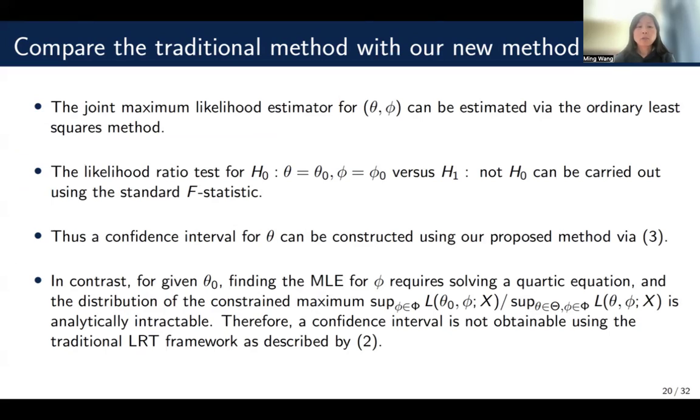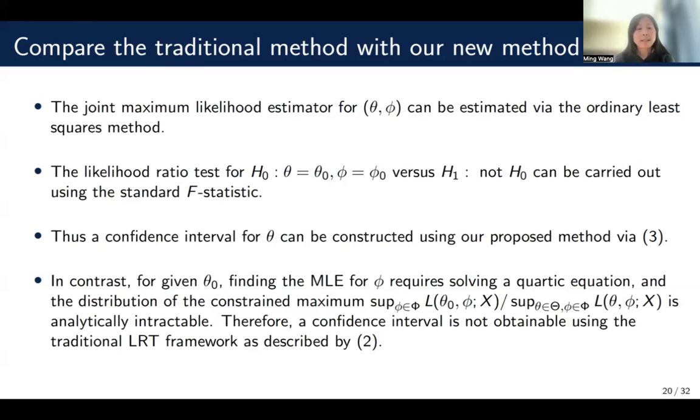The likelihood ratio test for H null, theta equal to theta 0, phi equal to phi 0, versus H1, not H null, can be carried out using the standard F statistic. Thus, a confidence interval for theta can be constructed using our proposed method via equation 3.